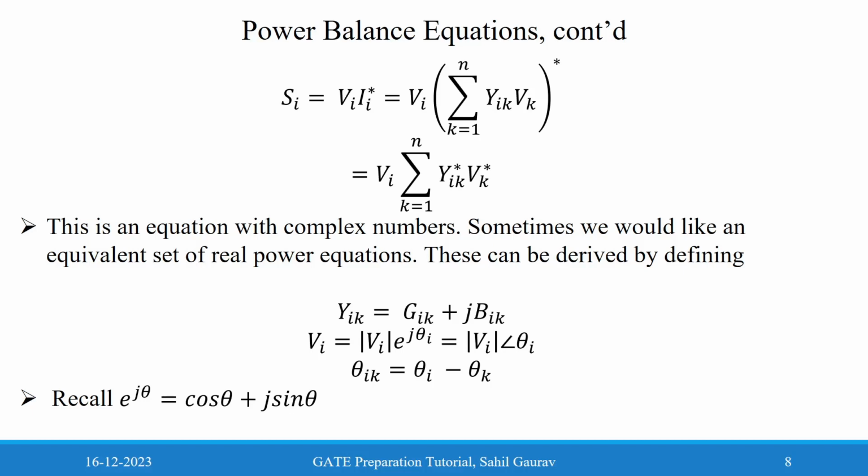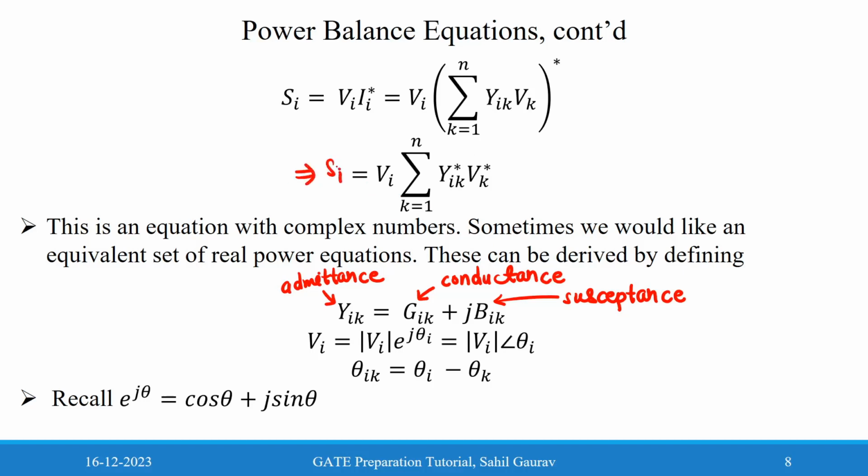This can be derived by defining the following terms: Y_ik is equal to G_ik plus jB_ik, where this is the conductance part, and this is the susceptance element, and this is the admittance that we already know. So we are going to substitute these terms here in this one.